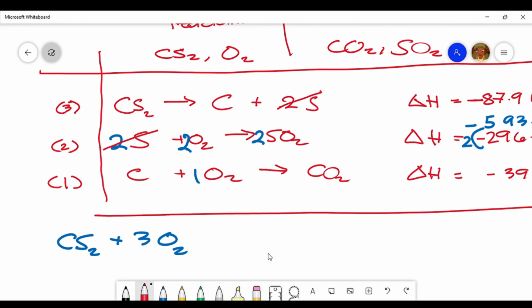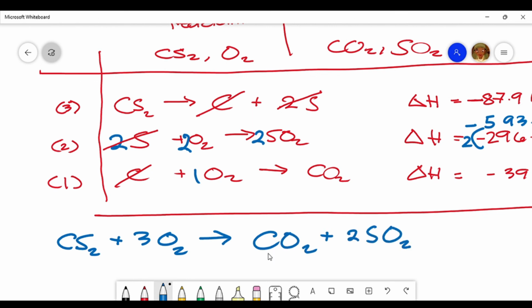We also do not have C, since C in the third equation is in the product, and in the first equation we have it on the reactant side. Now we are left with CO2 plus 2SO2 on the product side, and we also have CS2 and 3O2 on the reactant side.